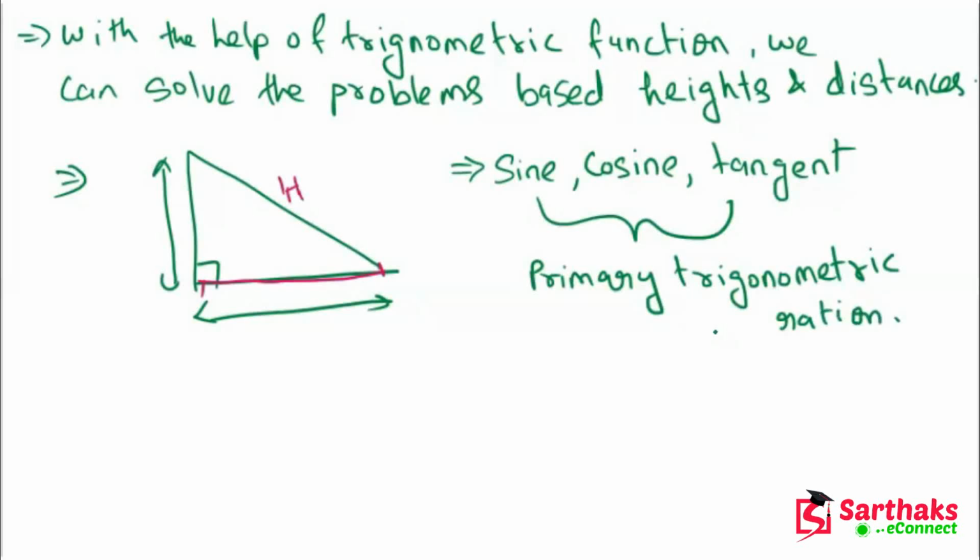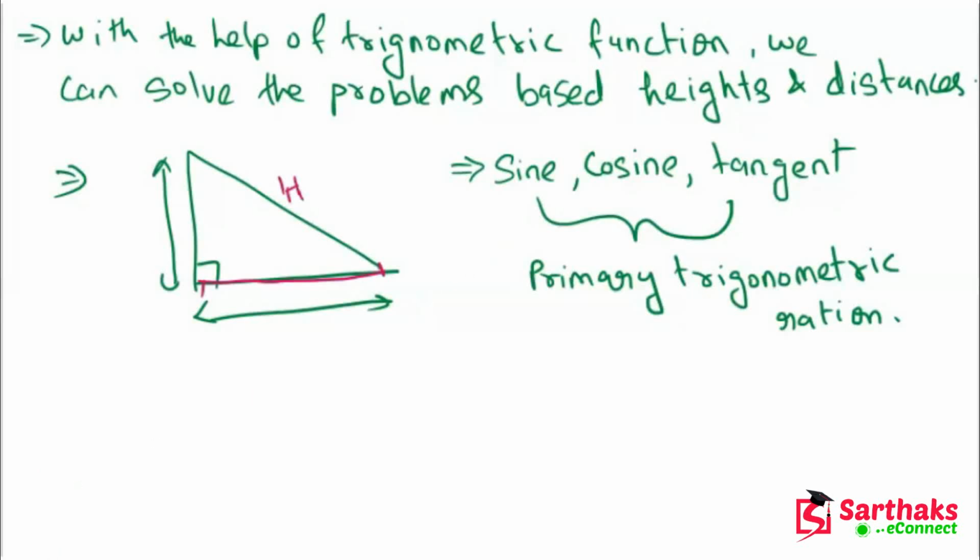The rest of the ratios are called secondary trigonometric ratios: cosec, sec and cotangent. If we know the value of the primary ratios, then we can easily find the value of the secondary trigonometric ratios, because they are related to each other.